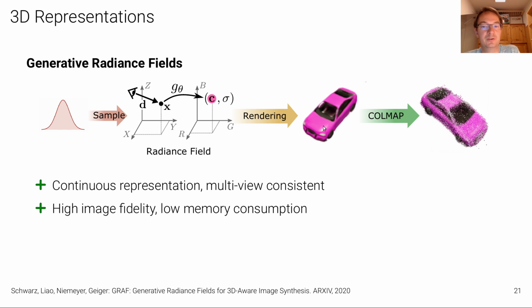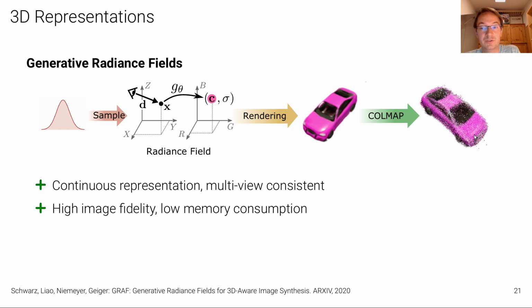And it turns out that these radiance fields are actually not only a useful representation for novel view synthesis, but also for generative models. So they lead to high quality reconstructions that can be queried at resolutions of 512 square pixels or even more.